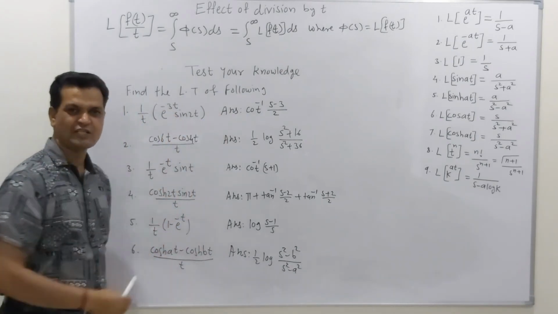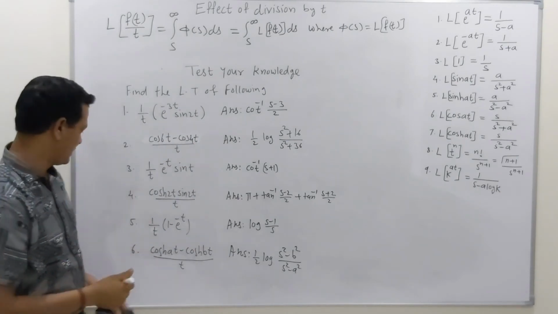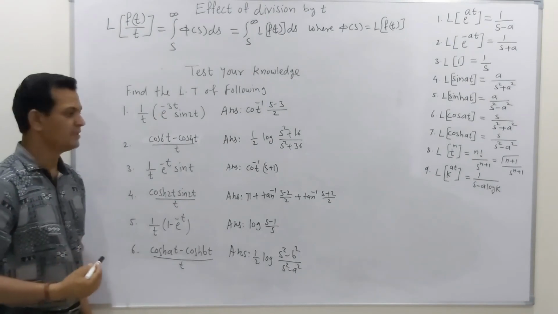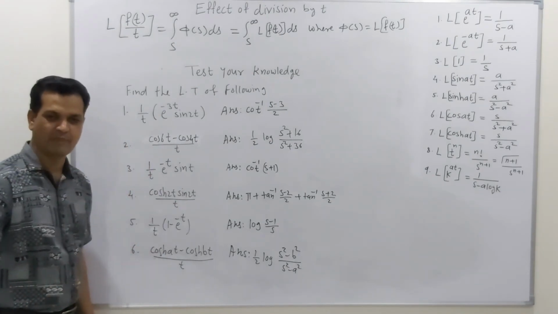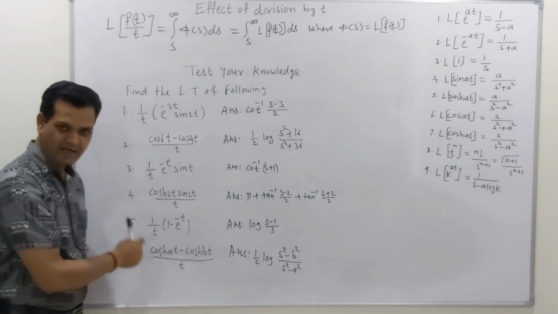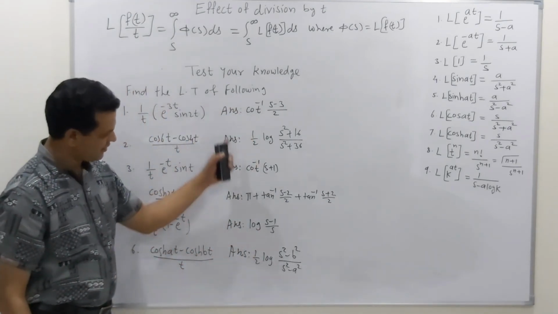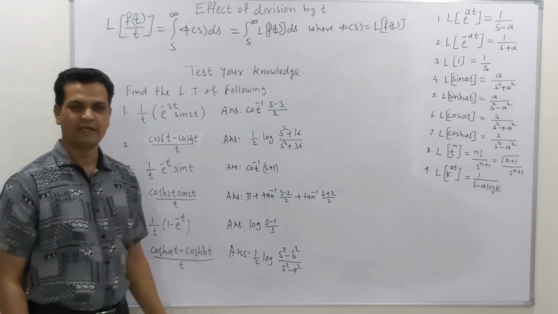So for testing your knowledge based on effect of division by t property, total 6 examples are given for your practice. So solve all these 6 examples. So clear your concepts. Answers of all the questions are provided here.